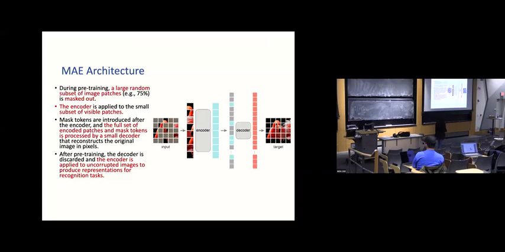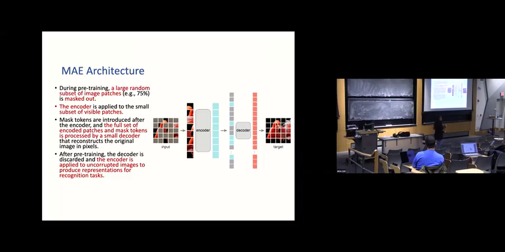You have an image. This is the image of that bird. You mask a big part of the image, like 80%. You encode only the visible patches using a transformer, all right? So now you compute features for each of those patches just by self-attention layers of the transformer. Then you instantiate features for the patches that you didn't see, and you add them here.